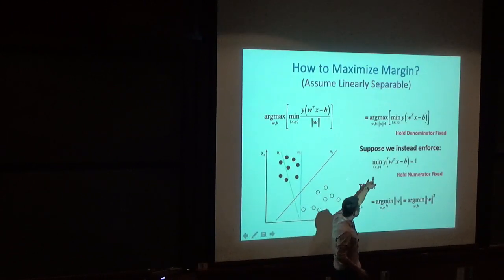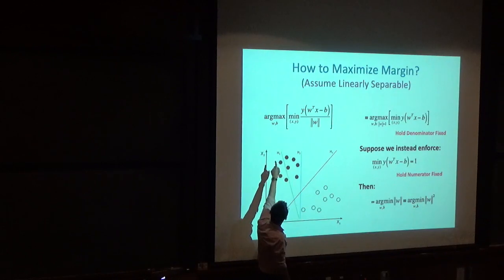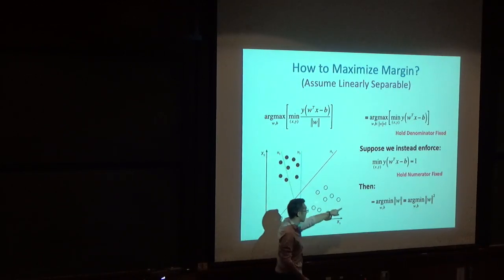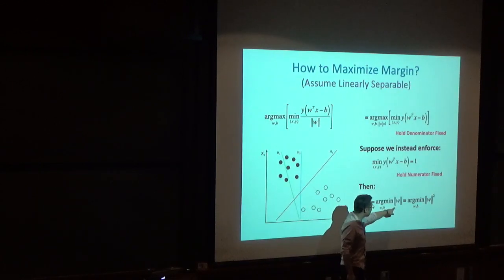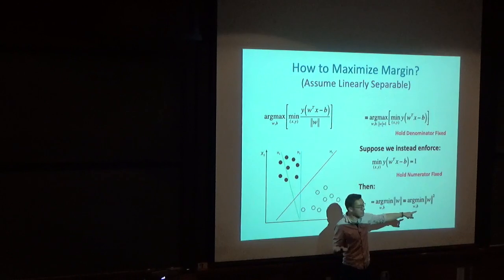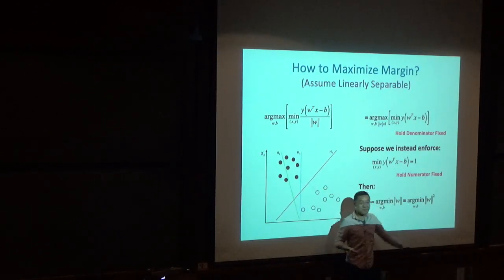So it's argmax of 1 over the norm of W, which is equal to argmin of the norm of W. And because the quadratic function is monotonic, it preserves the same optimal solution. This is equal to argmin of the norm of W squared.